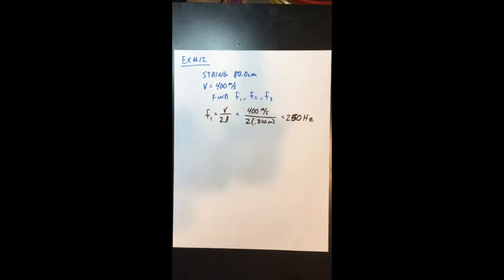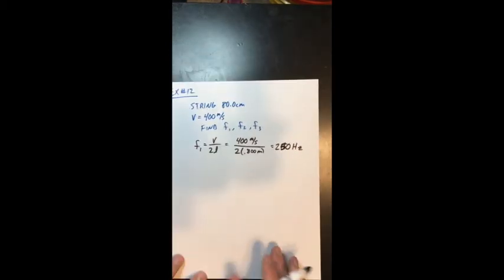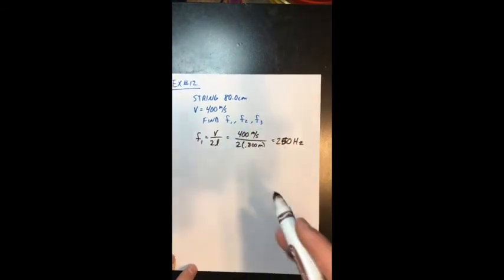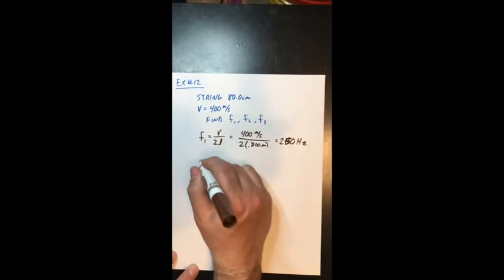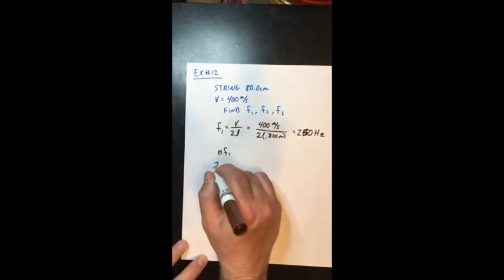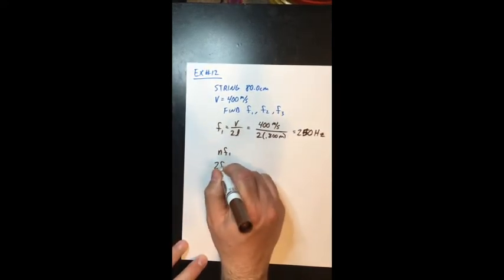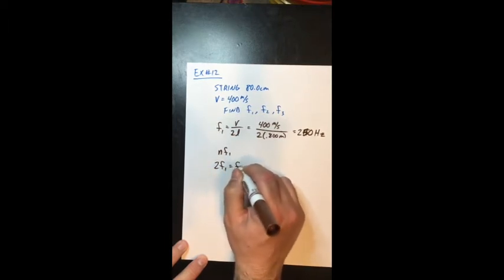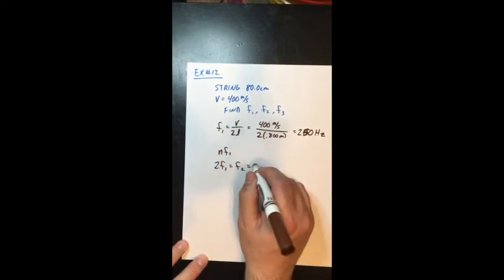Then after that, the second harmonic, third harmonic, nth harmonic up above that will just be n times f1. So a second harmonic will be 2 times f1, so that would be 500 hertz.